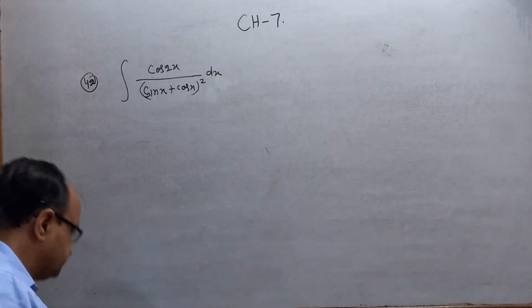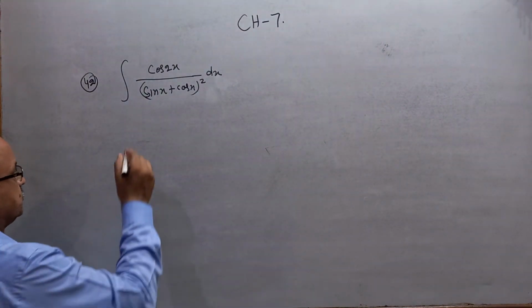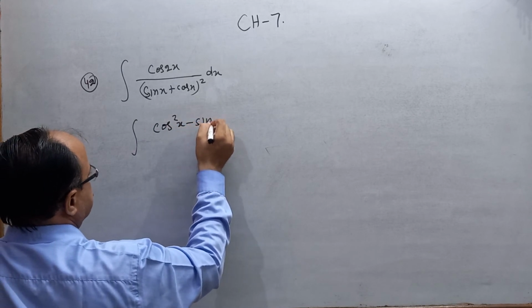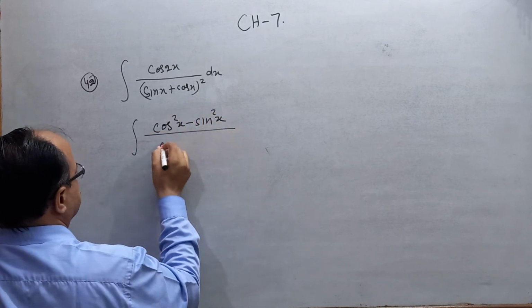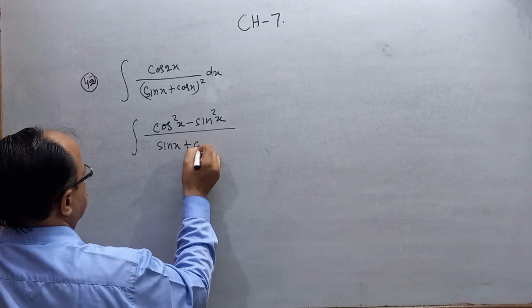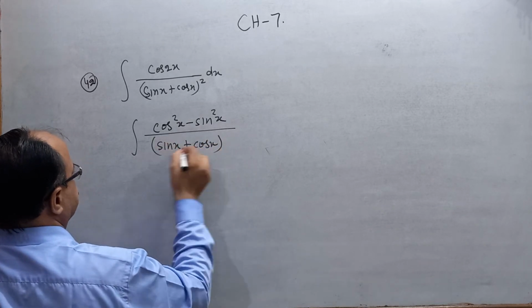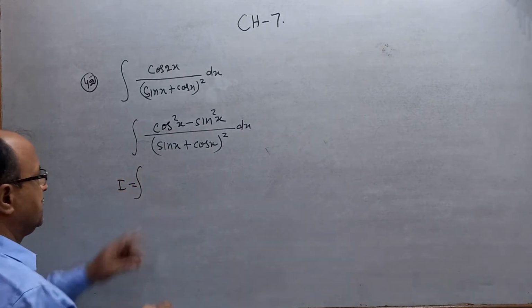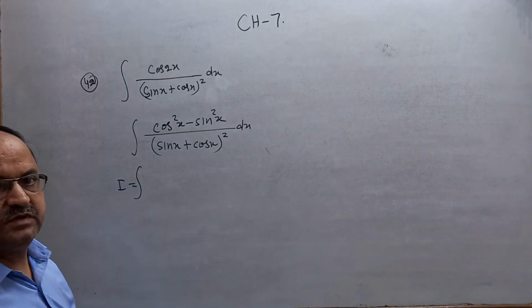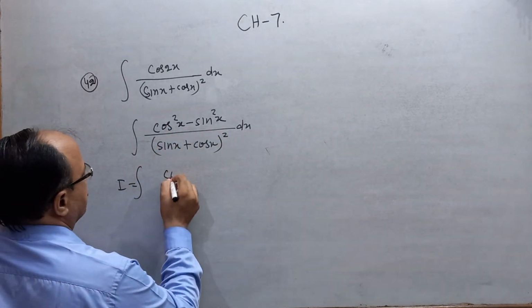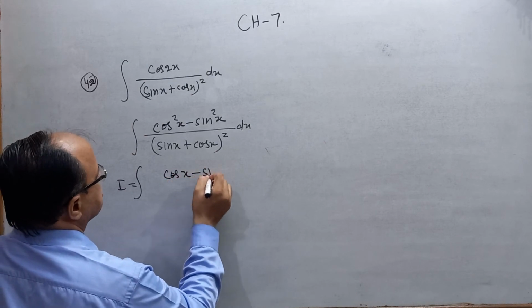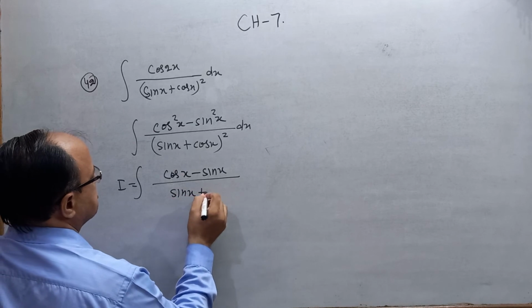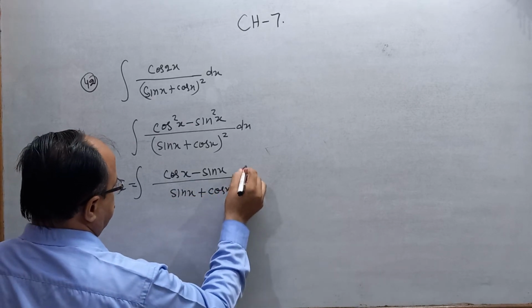In this question, the formula of cos 2x is cos square x minus sin square x, upon sin x plus cos x whole square. Apply the identity a square minus b square equals a plus b times a minus b. One term will be cancelled, leaving cos x minus sin x upon sin x plus cos x.